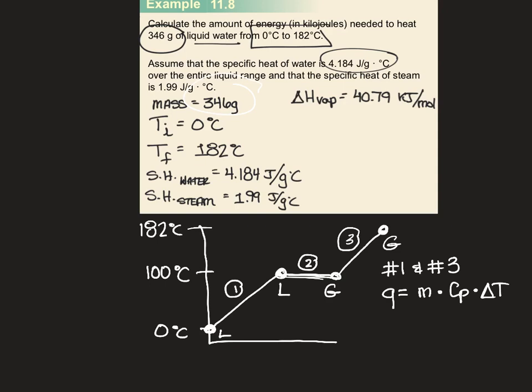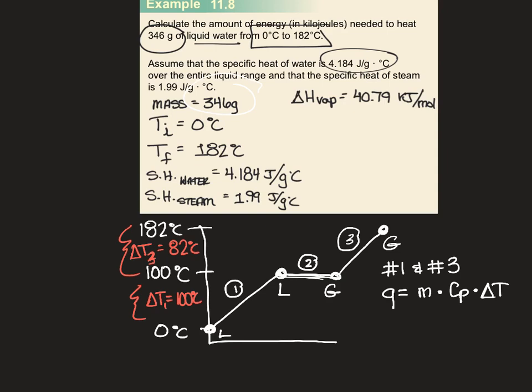And then delta T, well, how much is it changing? That's going to vary. In step 1, how much is it changing in the first step? 100, from 0 to 100. And what's the delta T for step 3, the other change in temperature? Yep, from 100 to 182, the difference is 82 degrees Celsius.